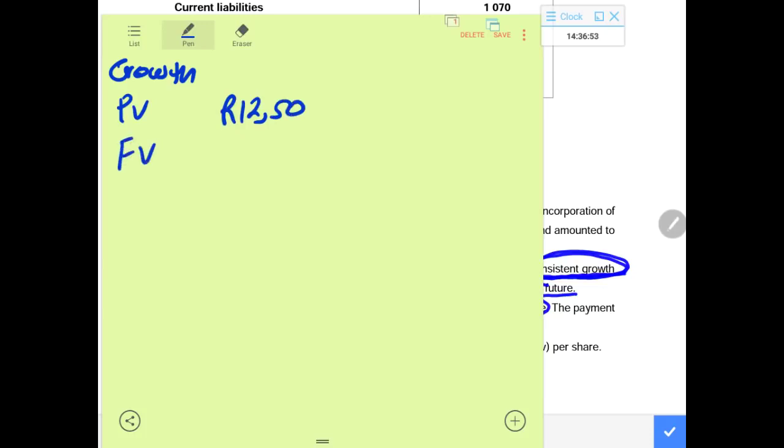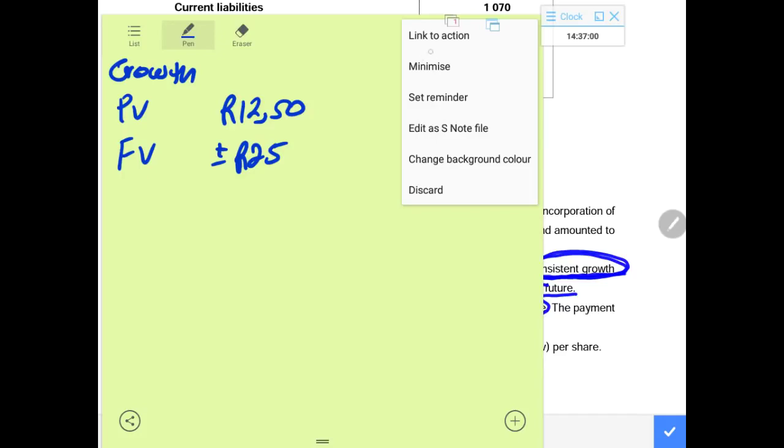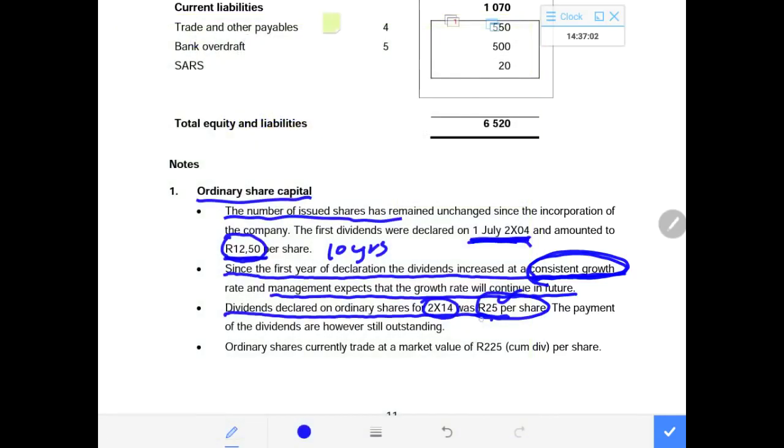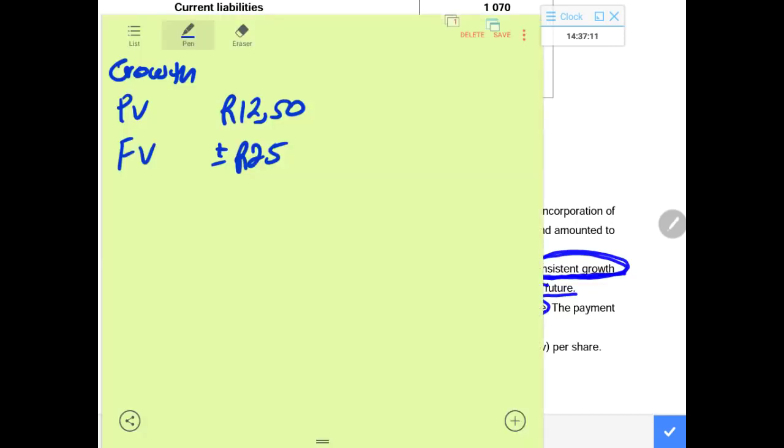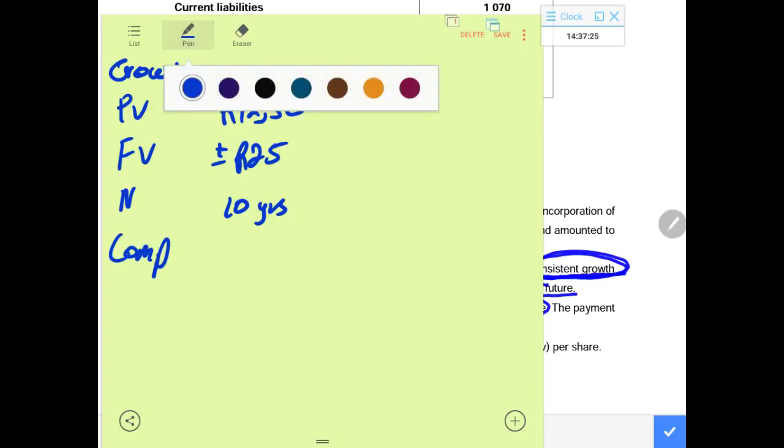And in the future, which is the current period now, there were dividends currently declared at the amount of 25 rand, 10 years down the line, from 2004 to 2014. So our N will have to be a total of 10 years. And from here, we can calculate the rate at which these dividends were constantly growing.